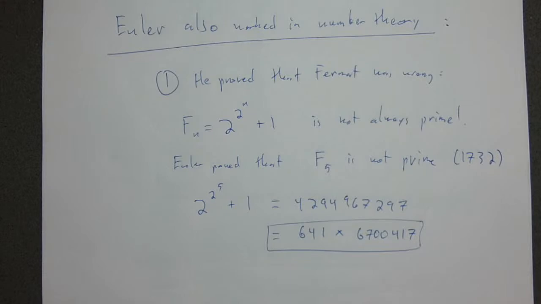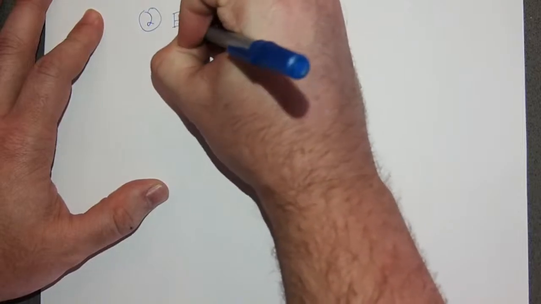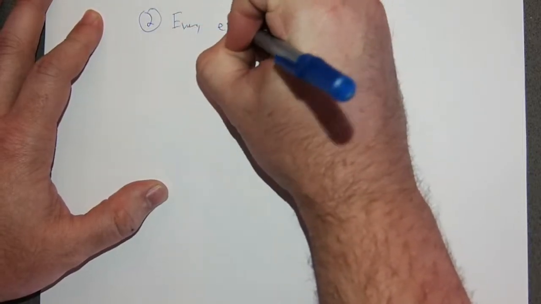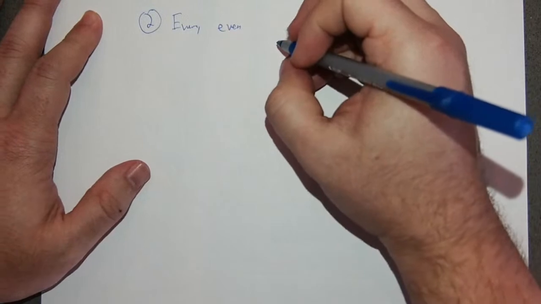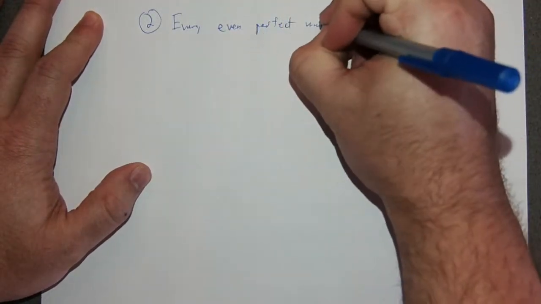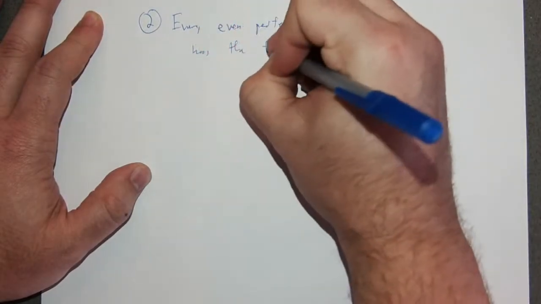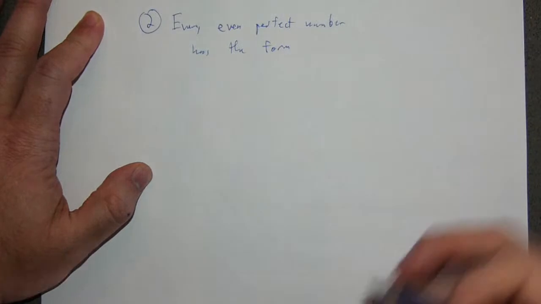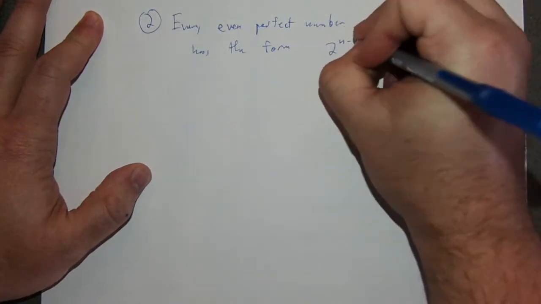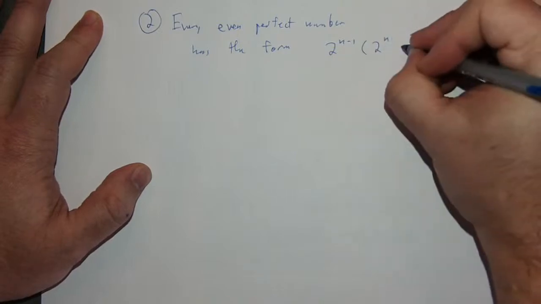Okay, another number theory fact. Every even perfect number has the form 2 to the n minus 1 times 2 to the n minus 1, where 2 to the n minus 1 is prime.